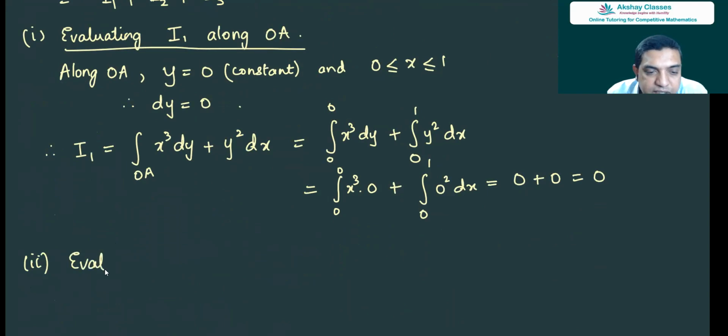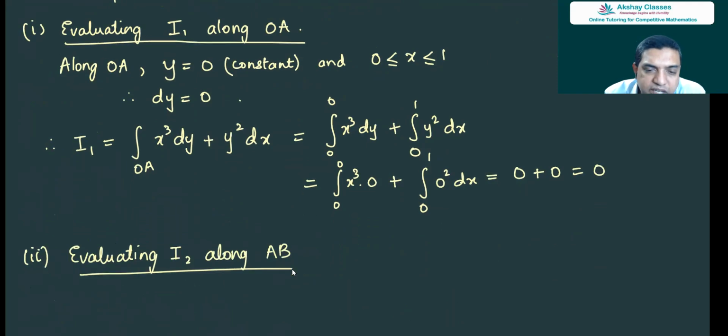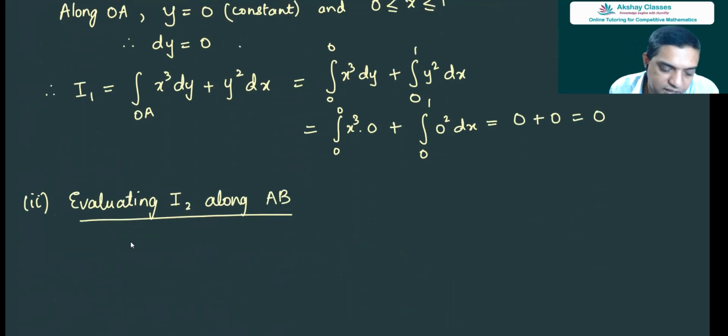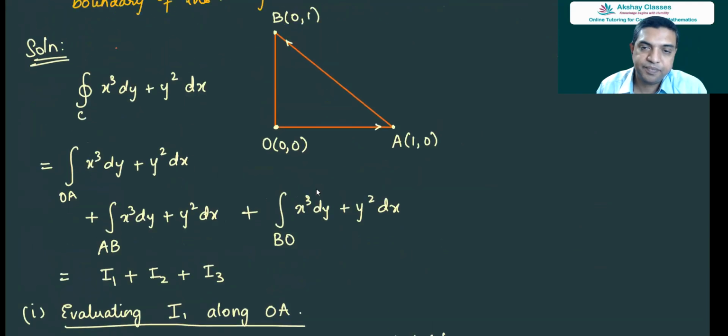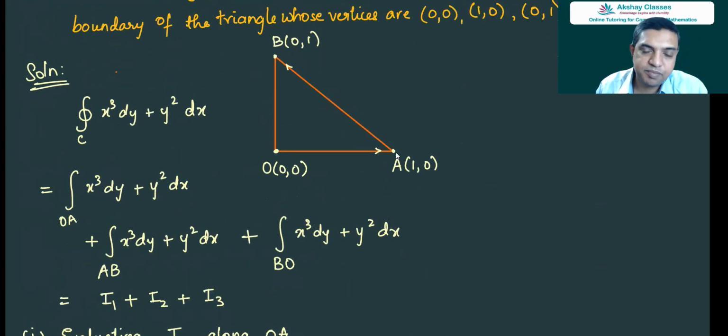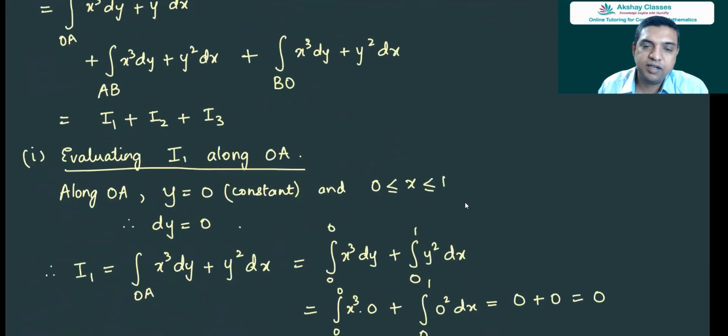Next, AB. So evaluating I2 along AB. Along AB, the equation of AB is x plus y equal to 1, because it's a straight line having the intercepts on the x-axis and y-axis as 1. So x by a plus y by b equal to 1.